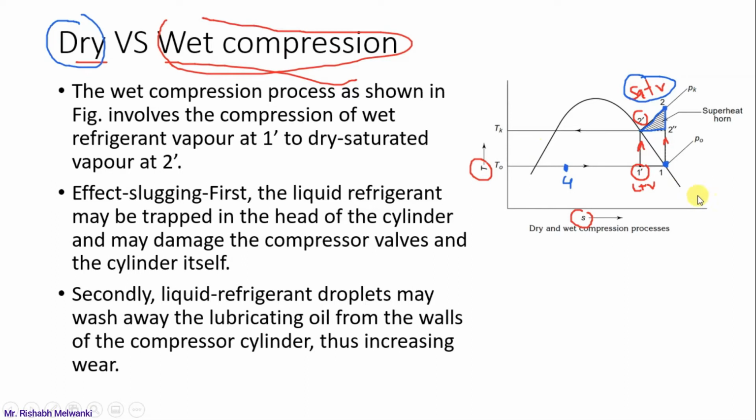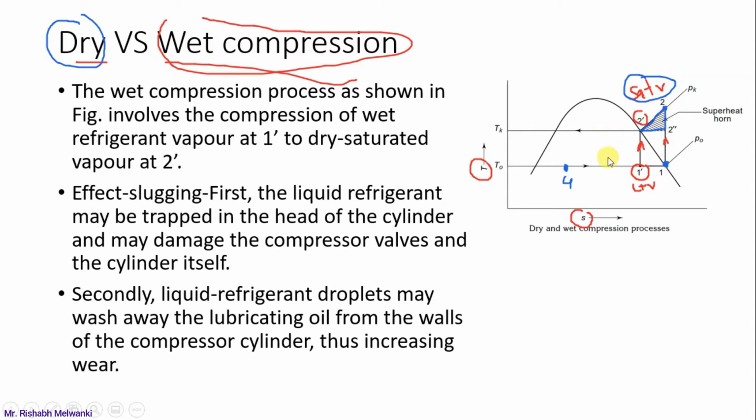And if the initial point before compression is on saturated vapor, and after compression the vapor becomes superheated vapor, that is called dry compression. Now, it is desired to have dry compression in many compressors, that is, point 1 is on the saturated vapor curve, and the point after compression is in the superheated vapor region.